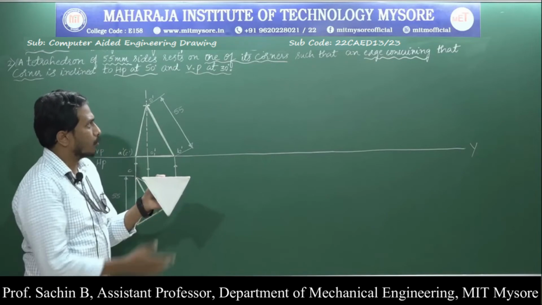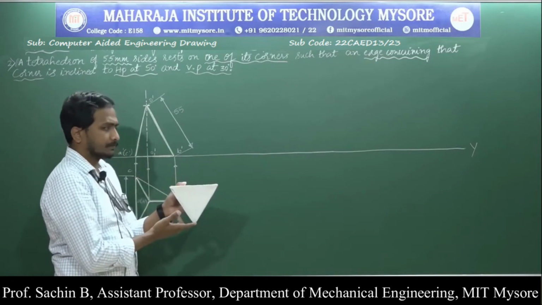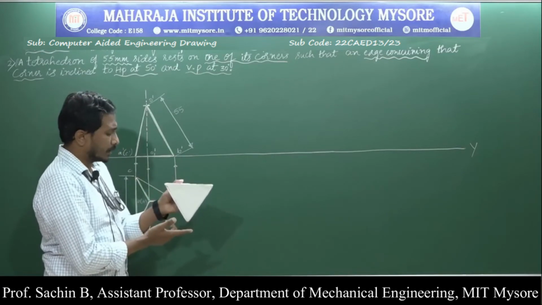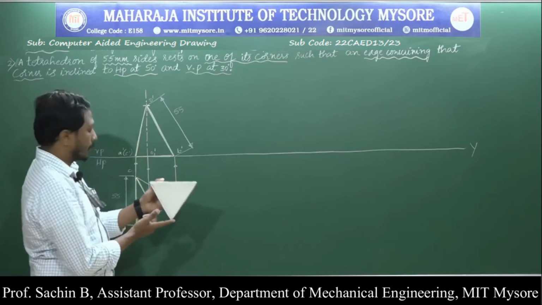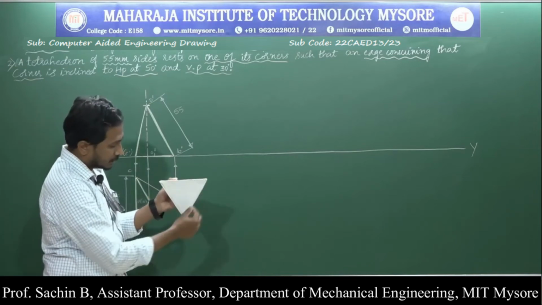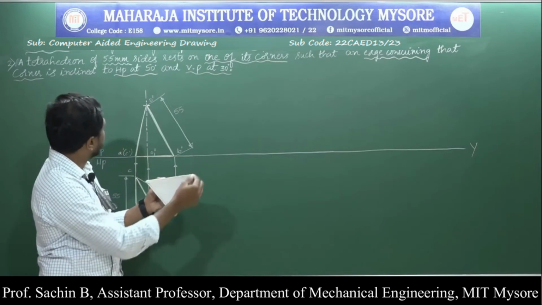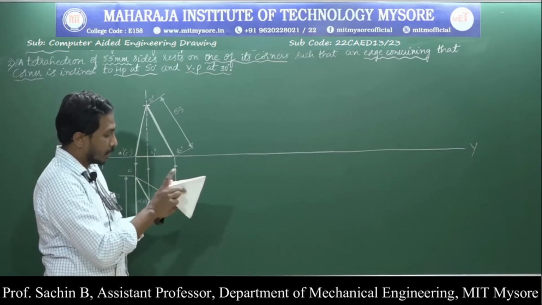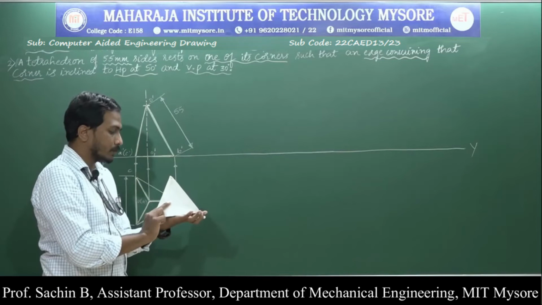According to the question, one of its corners is resting on the ground such that an edge containing that corner is inclined to the HP at 50 degrees. Now I am keeping the object in the first position like this.